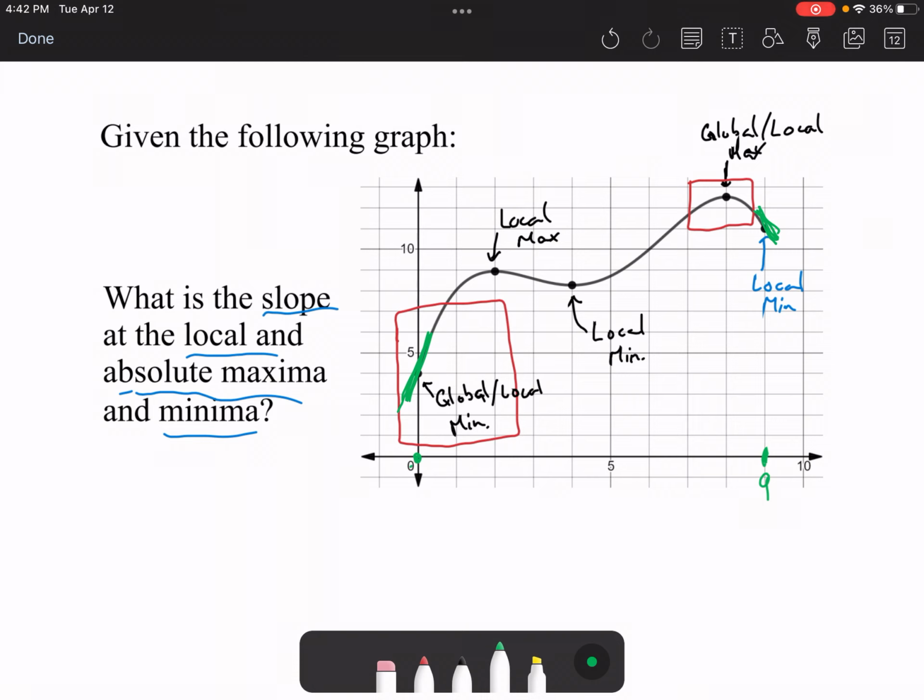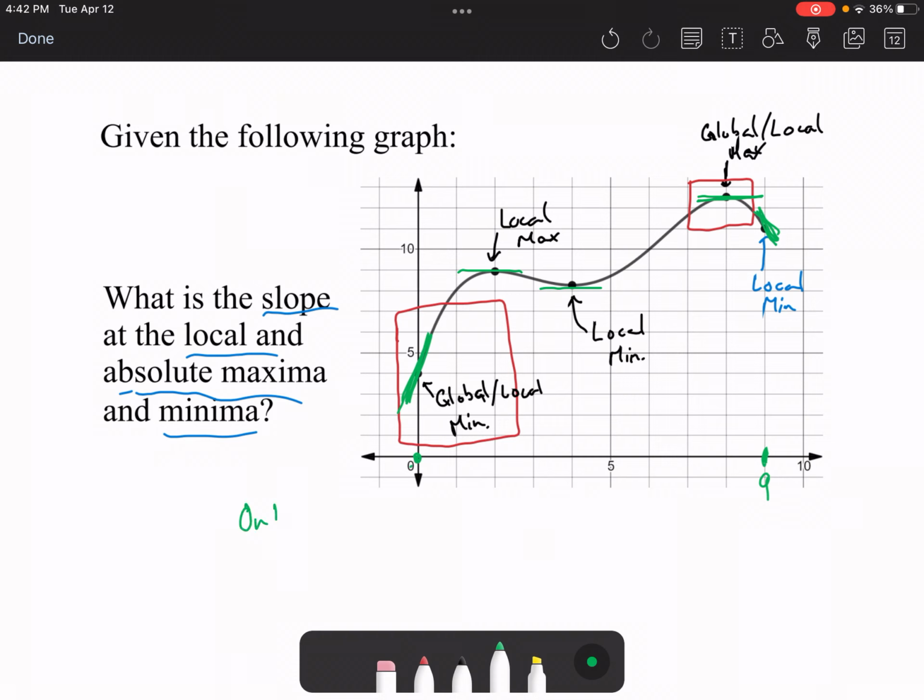But the slopes on the inside for the local maximums, local minimums, or even absolute maximum, they all seem to be a slope of 0. So it's these endpoints that are a little different from the rest of them on the inside of the function.